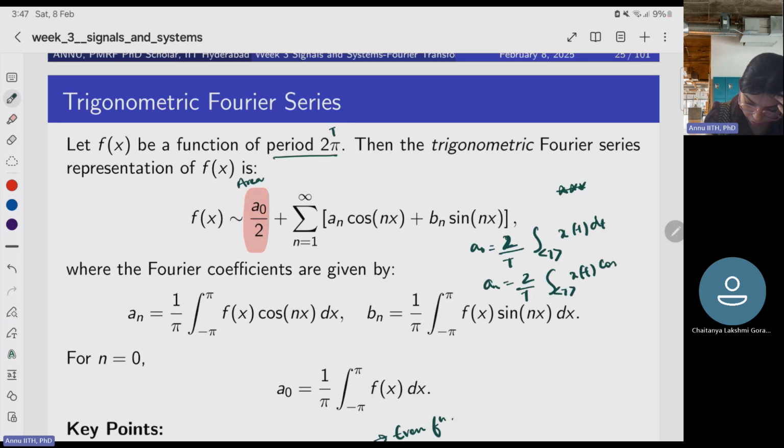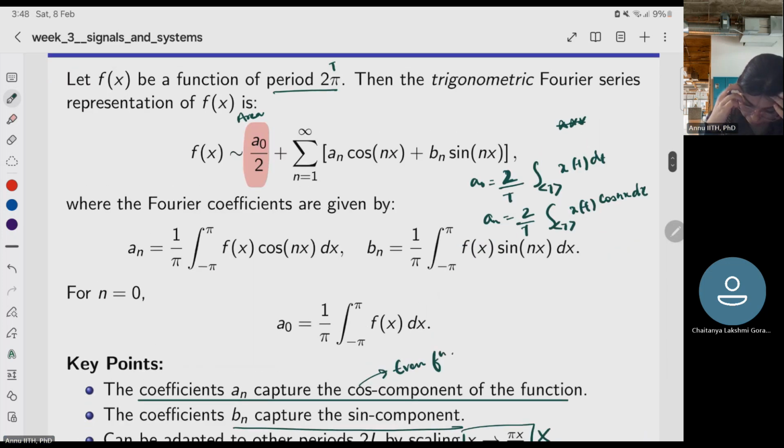So cos nx dx, because we are talking about x, it's a function of x, not t. But if it is t, it will be cos nt dt.